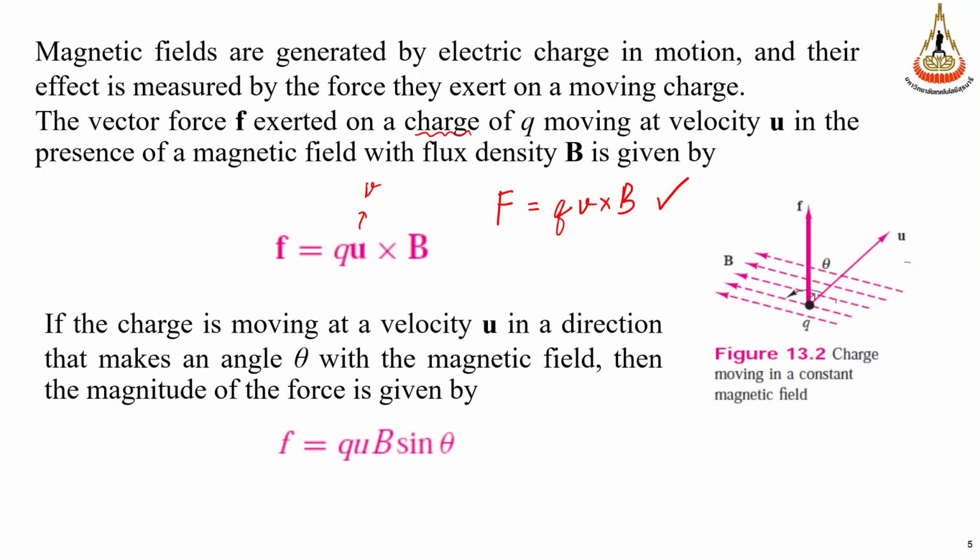So if you put a conductor with current, the current flow means the charge moving, right? The charge moving in the magnetic field. So the force will take place on this conductor, right? If the current flows in the magnetic field, there is a force applied to that wire.